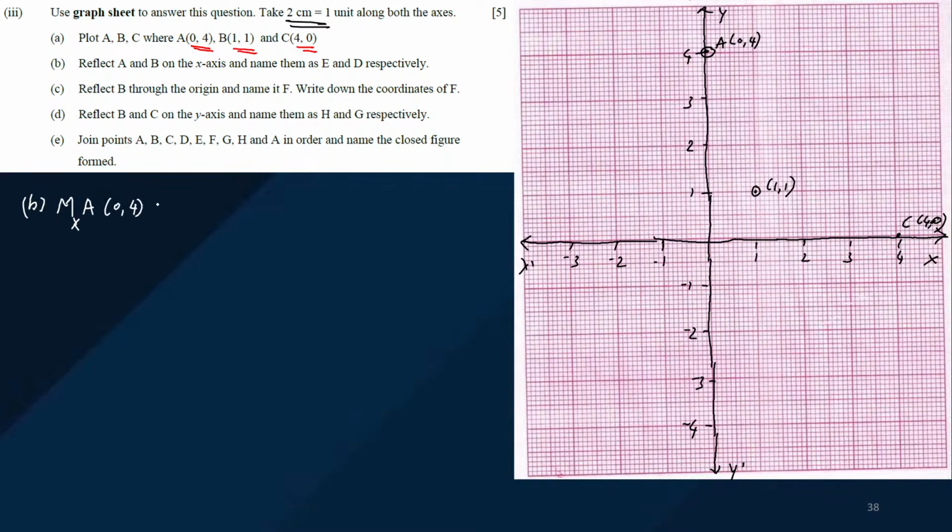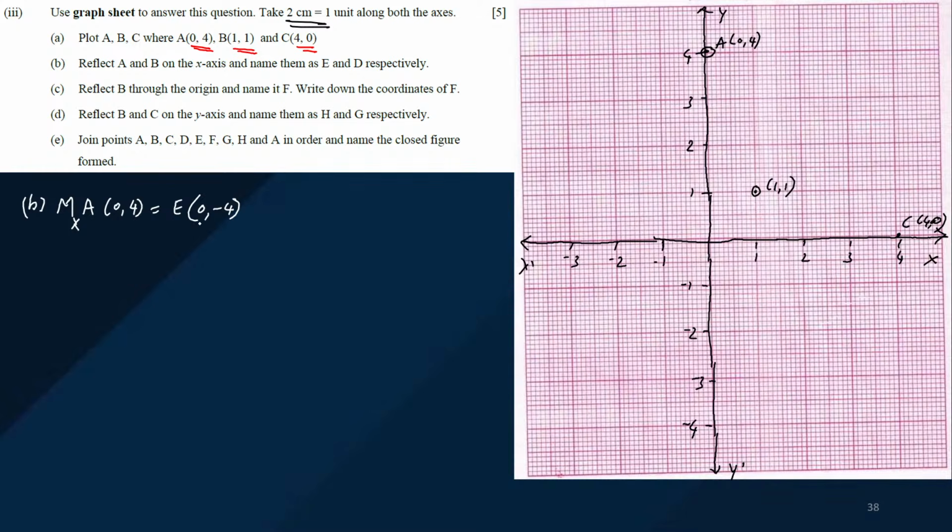Then name them as E. Whenever you are reflecting any point on the x-axis, the sign of y coordinate will change. Okay, sign of y coordinate will change. So you should write it in this way. On mapping A on x-axis, what's the coordinate of A? It is 0 comma 4. It becomes E, and it is mapped as 0 comma minus 4.